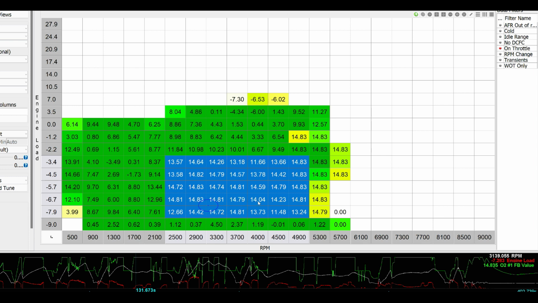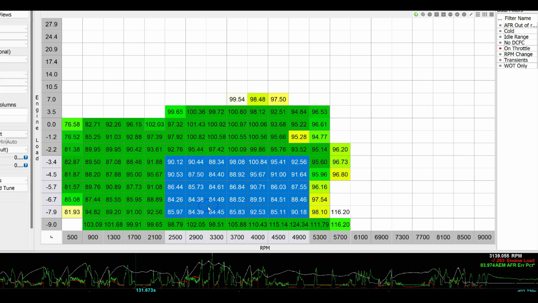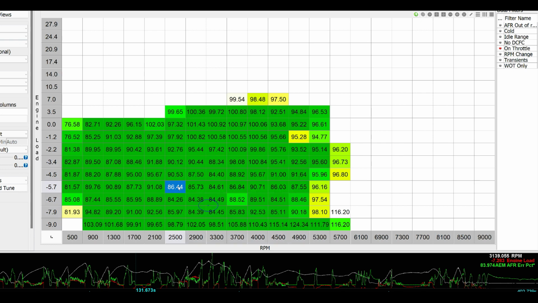That's the most fuel that we're running off of the short-term feedback. So again, we're going to continue to try to add fuel here. So far, we've added fuel to essentially address the amount of AFR error that we've got. So again, we'll look at the AFR error percentage. We can see, again, we're running right down here at about 15% leaner than we should be.